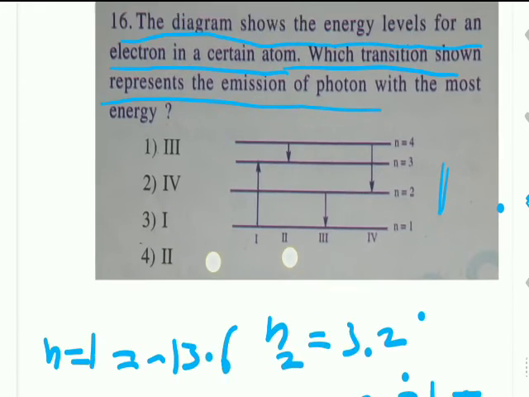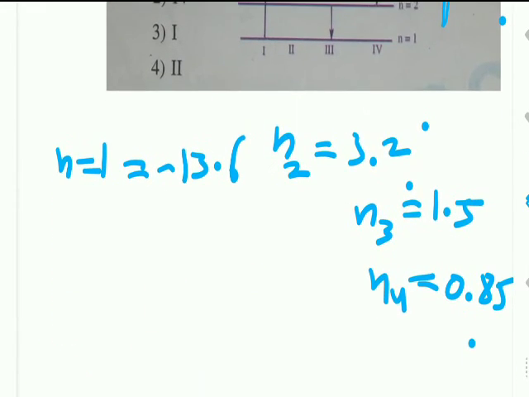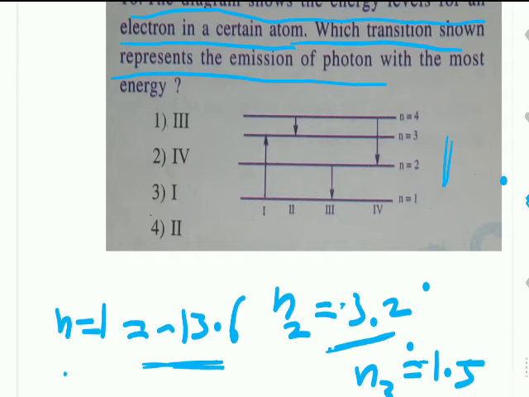For n is equal to 1, the energy level is minus 13.6, n is equal to 2 is minus 3.4, n is equal to 3 is minus 1.5, n is equal to 4 is minus 0.85. The first transition is from the ground state to a higher orbit, so it is not emission, it is absorption. So check the second one.